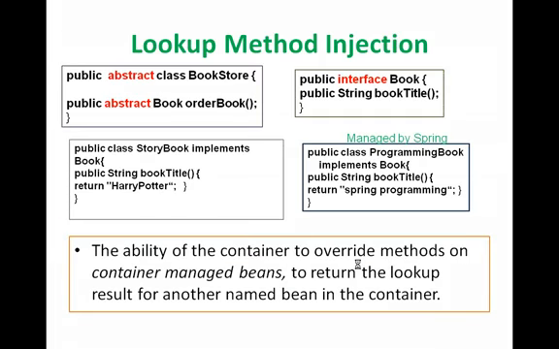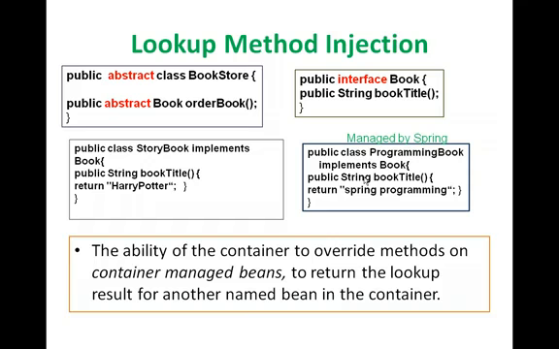In the same way, we have another concept in method injection known as lookup method injection. The earlier method injection was about the implementation of the method, but this one is more about the type of bean being returned to the application. Here I have an abstract class known as BookStore, which has an abstract method orderBook. I have defined an interface Book. I have two books, a story book and a programming book, which implement the Book interface.